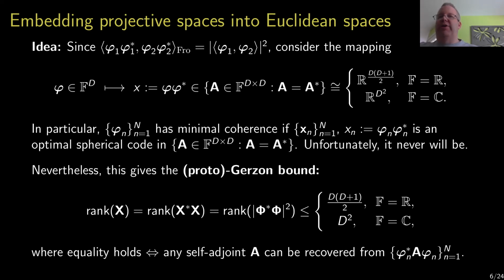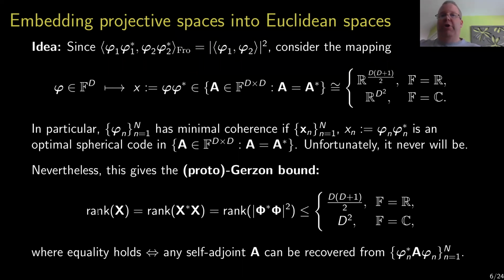That said, this does lead to something that's going to come up a number of times in this talk. In the case of equiangular lines, this becomes something called the Gerzon bound. Here I'm going to just phrase it as what's called the proto-Gerzon bound. And what it says is, hey, if you give me any unit norm vectors in F^D, I can lift them to their rank 1 projections, and I can talk about the rank of those rank 1 projections, the dimension of their span.